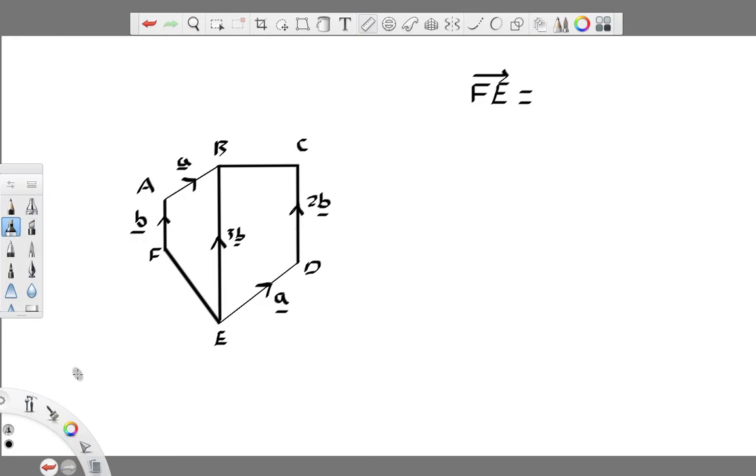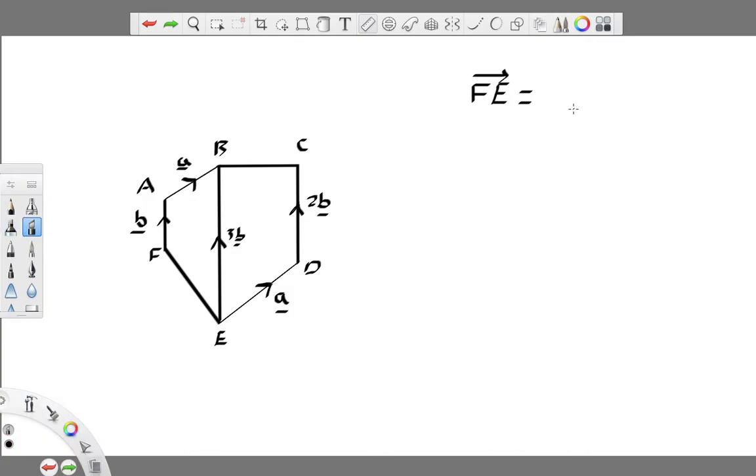Well, like we've done before, F to E is this line here. We don't have a vector that defines that, so we're going to have to find a new route. So that route will be F to A to B, and then B to E, like that. So again, I'll write that out.